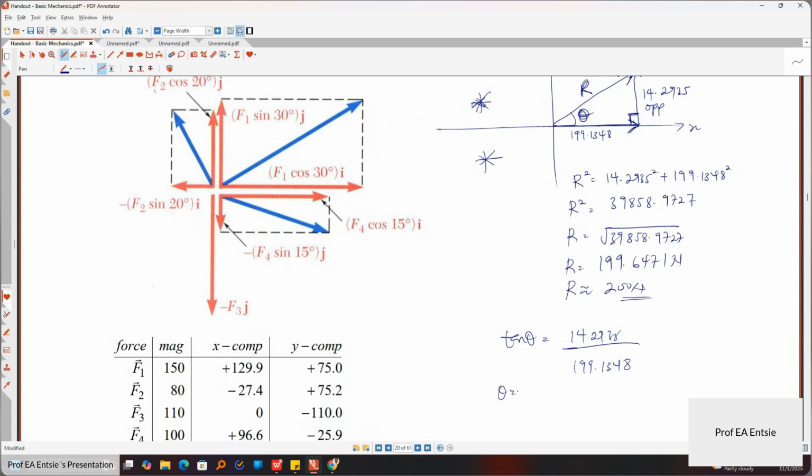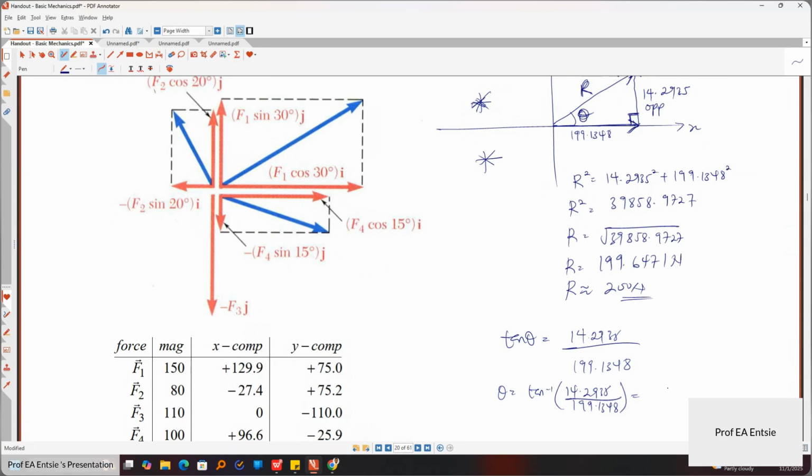So theta will be equal to tan inverse of 14.2935 over 199.1348.